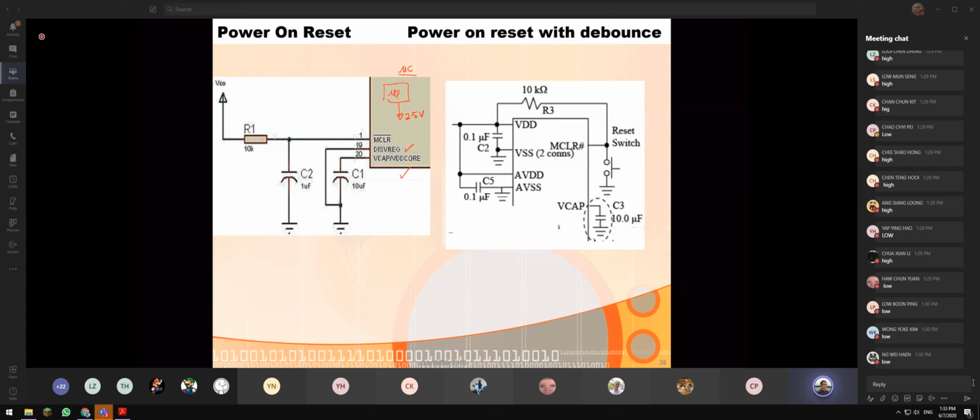So definitely we need to enable this particular regulator. The regulator is enabled by hardware by connecting this pin to ground.